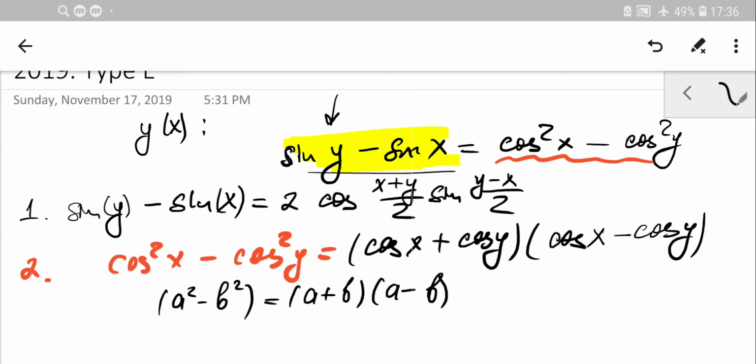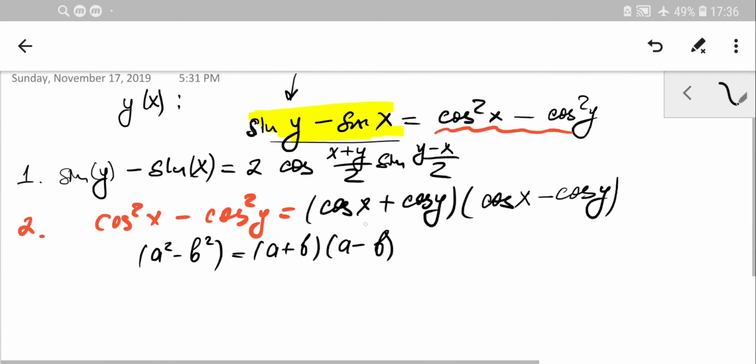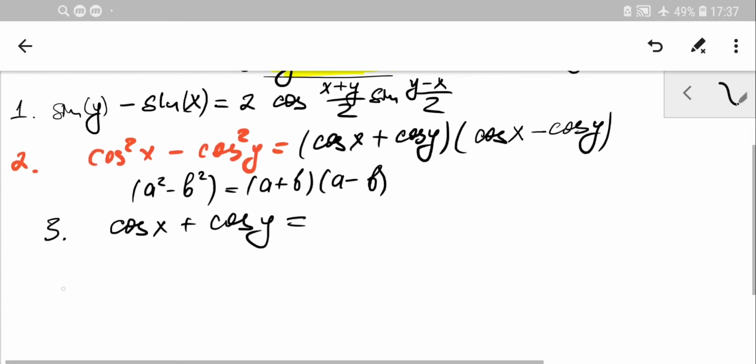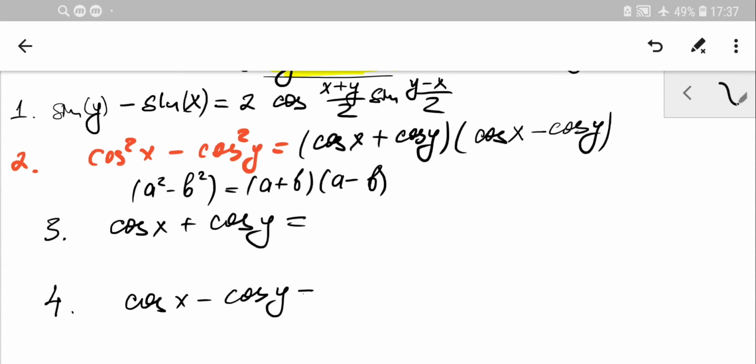All right, so here we can apply two separate formulas, for the sum of cos and the difference of cos, similar to what we applied to sine.